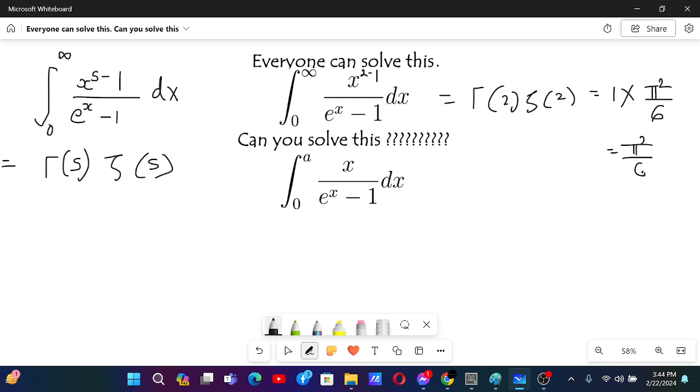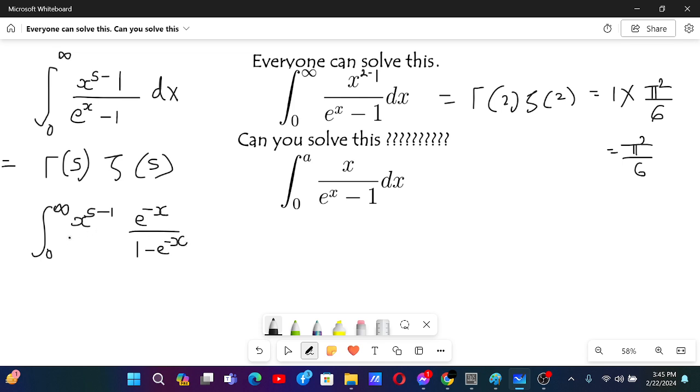Now, if we have to solve this, our approach would be first of all to try to get a geometric series by dividing numerator and denominator by e to the power x. So we have e to the power minus x by 1 minus e to the power minus x.